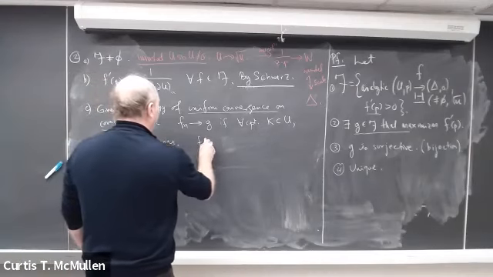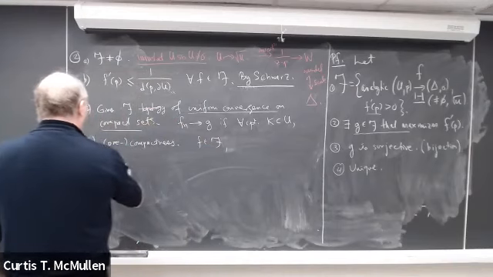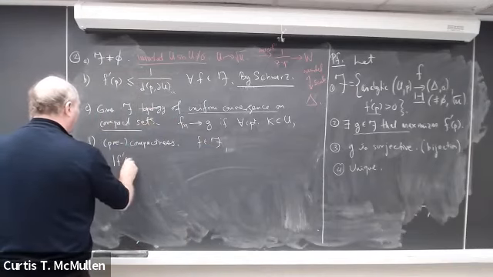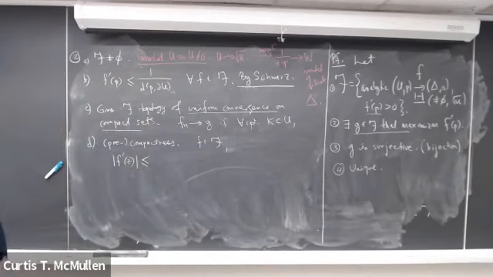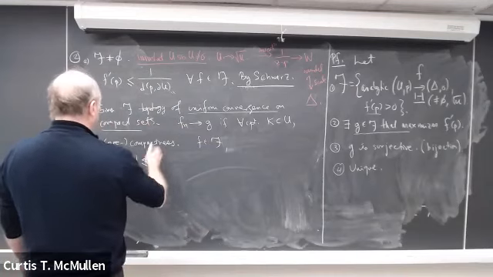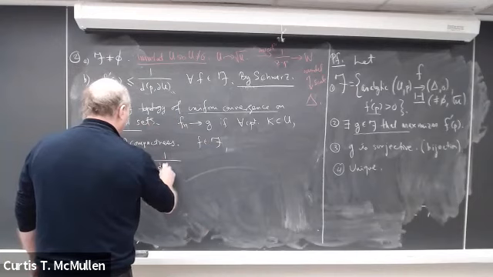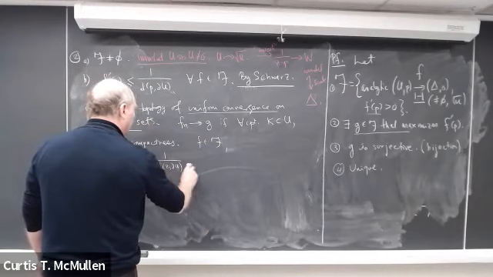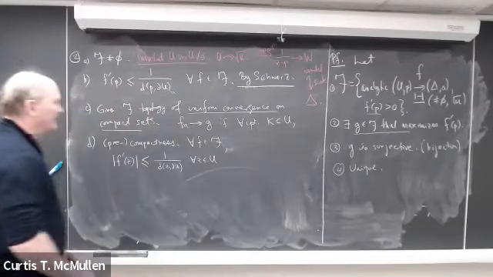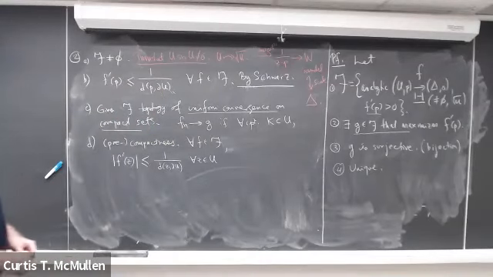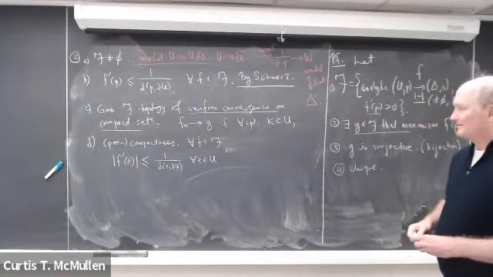Provided F is in our family F, we have that the absolute value of F prime of Z is less than or equal to, and again, we can give a very explicit bound here, 1 over the distance from Z to the boundary of U, for all Z in U and for all F in our family. So we have uniform control over the size of the derivative of F.